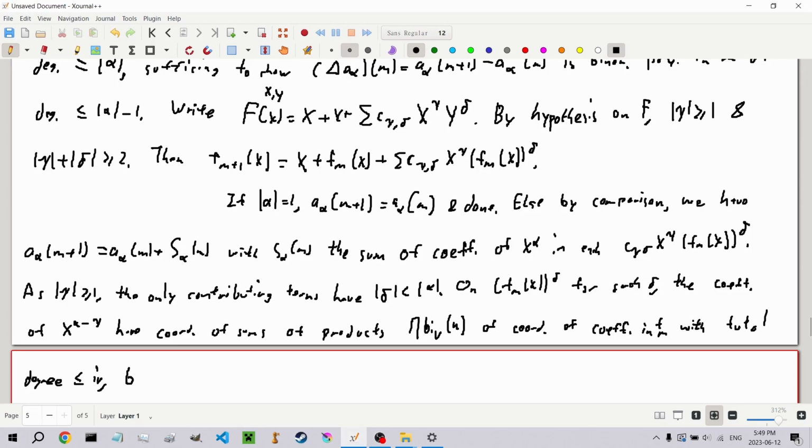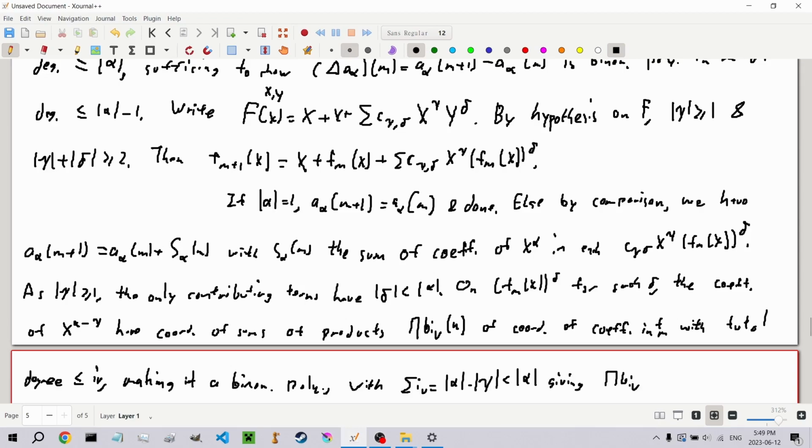Which, being the product of binomial polynomials, is going to make it a binomial polynomial with the sum of our I_nu's being alpha minus gamma and thus less than alpha, giving that the product of our b_I_nu has degree less than alpha.